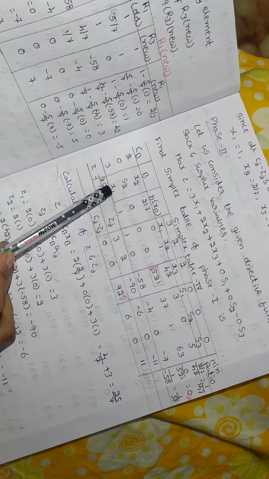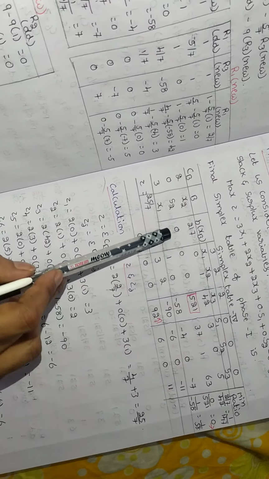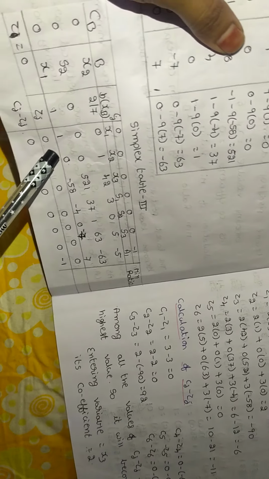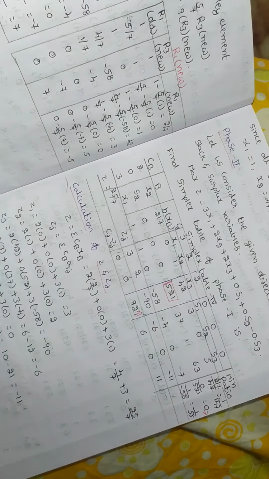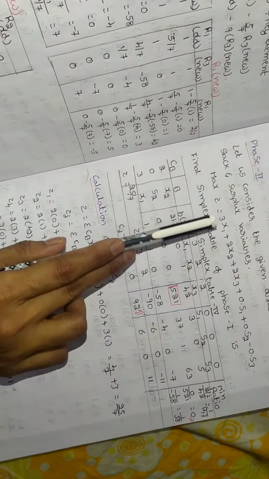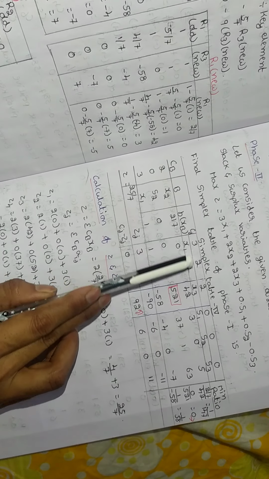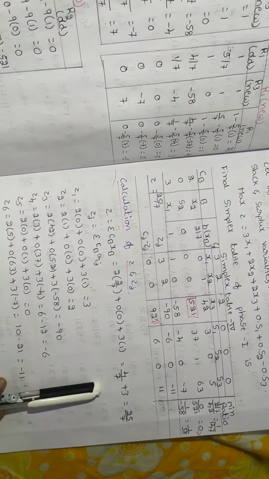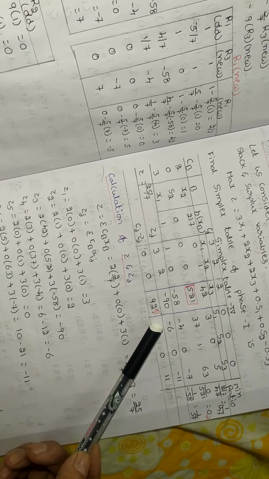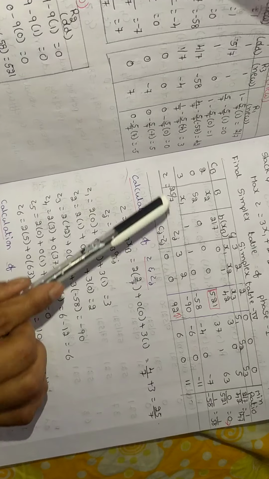So 3 for x1, and all the other values will be copied from the previous simplex table. See here also we have changed the Cj values. In the previous step, all were zeros and the artificial variable was -1. But here 3, 2, 2, which are the coefficients of x1, x2, x3 in our objective function, have been taken here. Again, the same steps will be repeated.